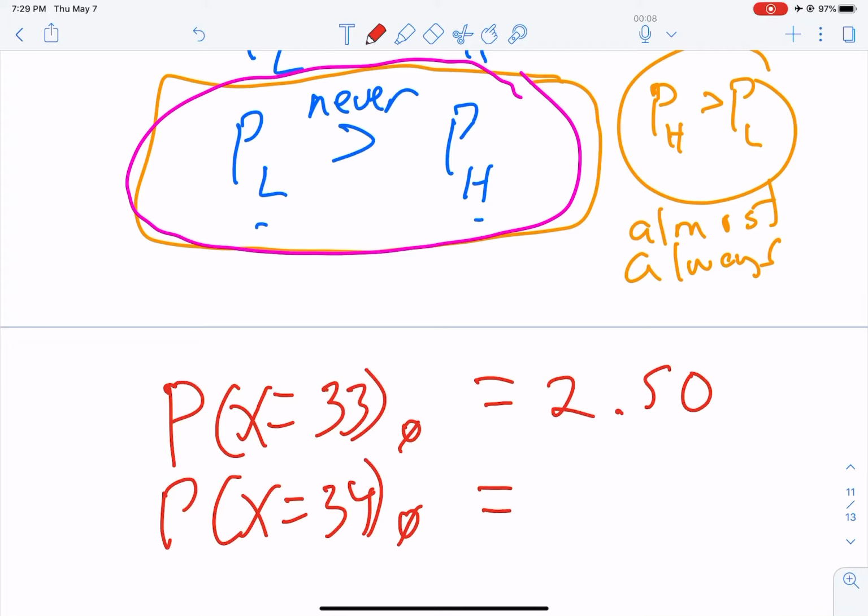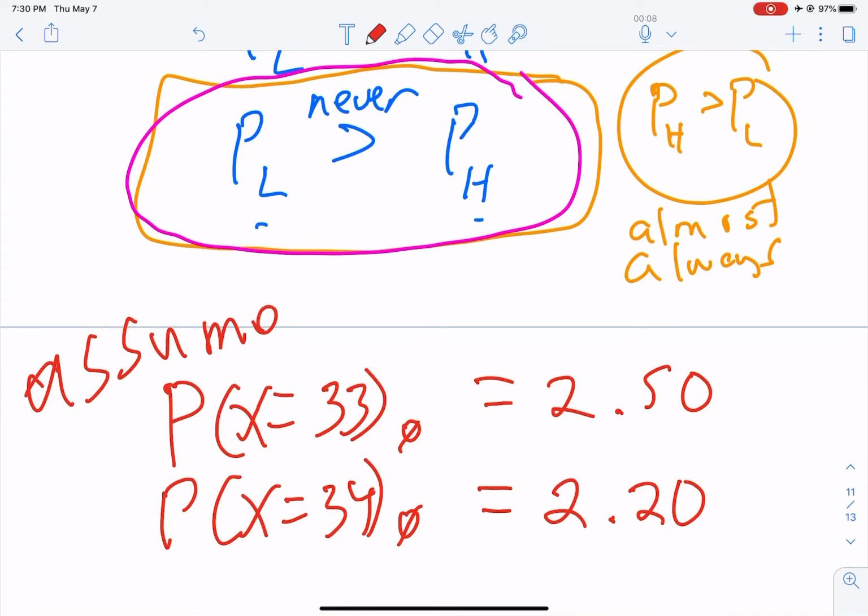And let's just assume that the price of the put that gives us the right to sell at 34 is $2.20. Let's just pretend. We're going to assume this is the case. Now, of course, this is not an equilibrium. The condition that I've shown here is not an equilibrium.